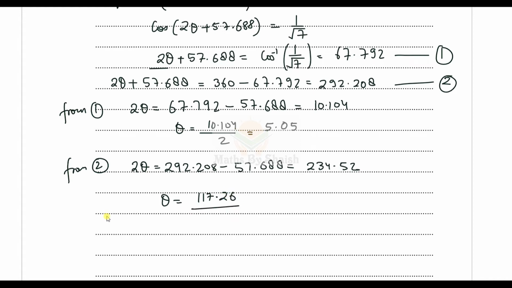At last we'll write the values of theta. We know that angles we always write to one decimal place, so 5.05 is 5.1 degrees, and the other angle 117.26 is 117.3 degrees, and that is the answer.